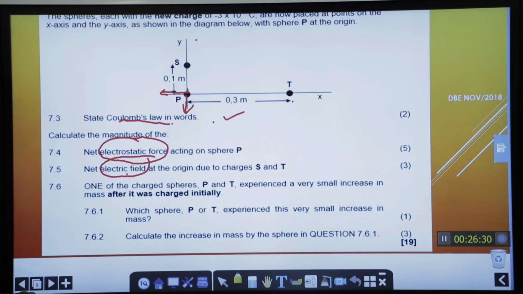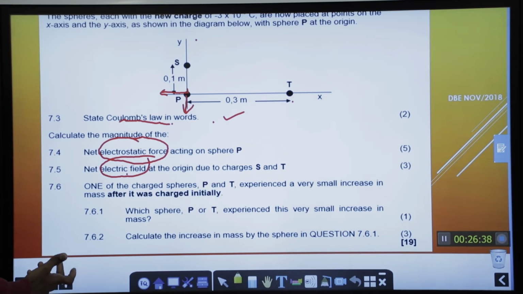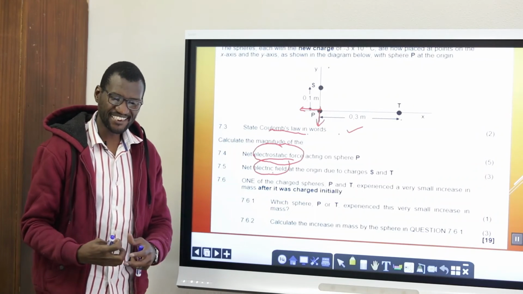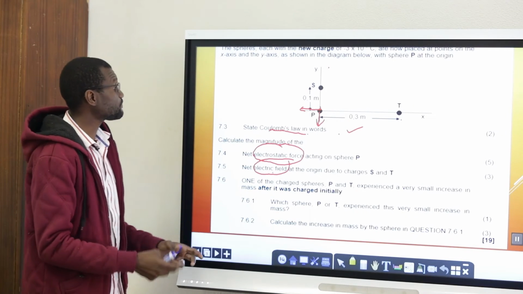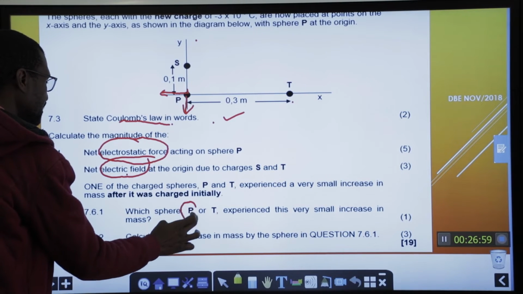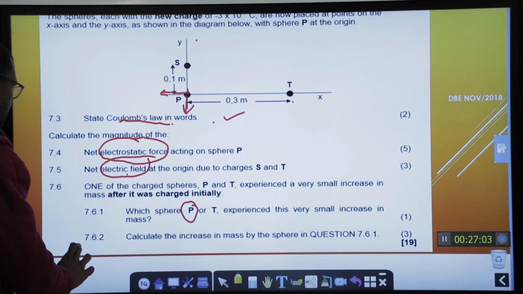The question is, which sphere, P or T, experienced this very small increase in mass? What do you think has happened? What has it gained? It has gained electrons. So therefore, in this instance, we can safely say sphere P gained electrons.